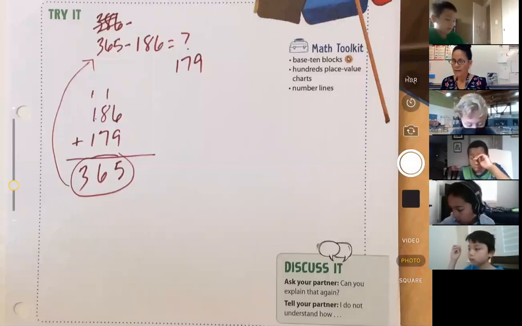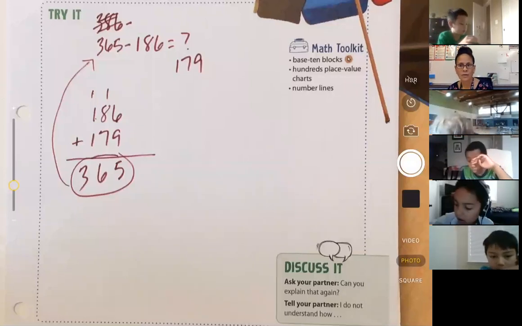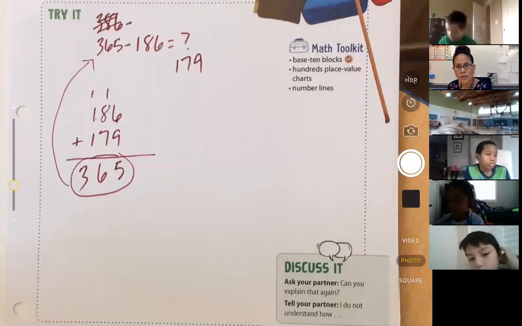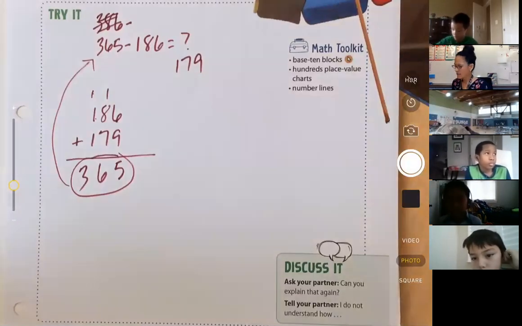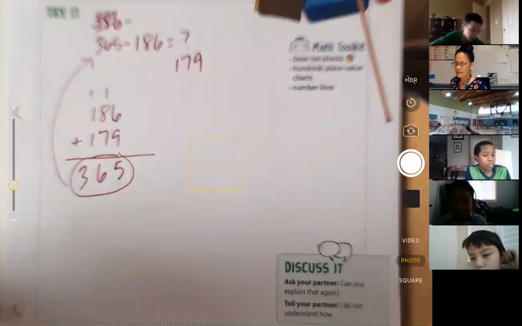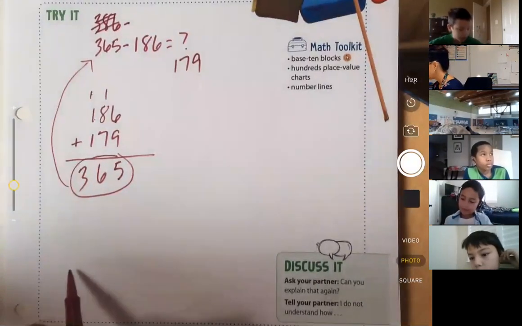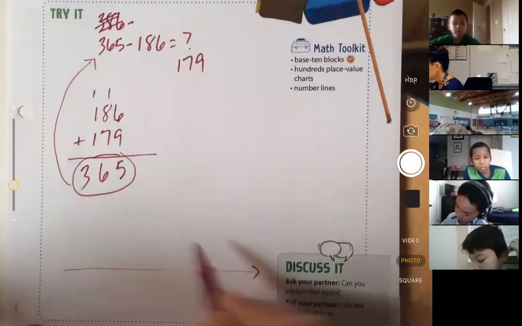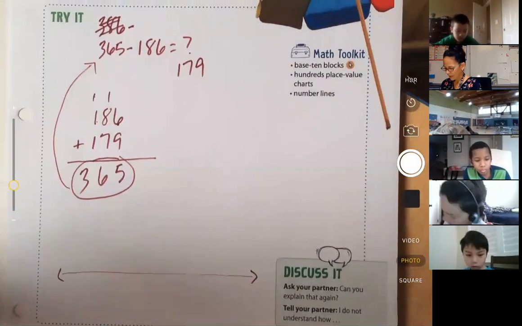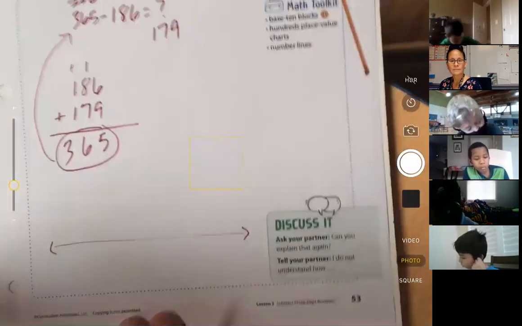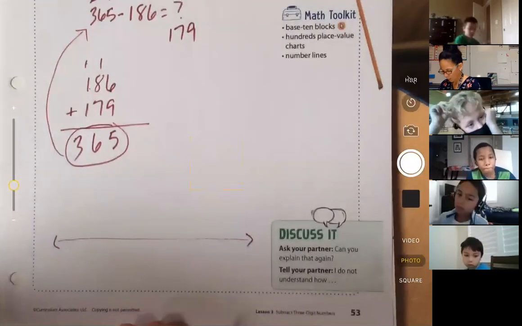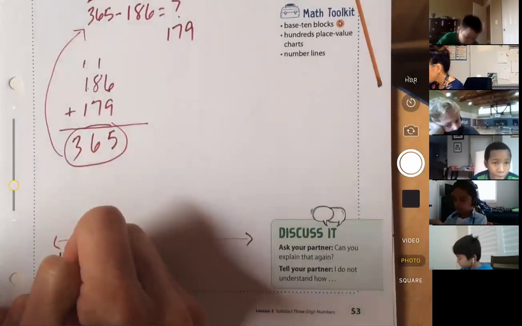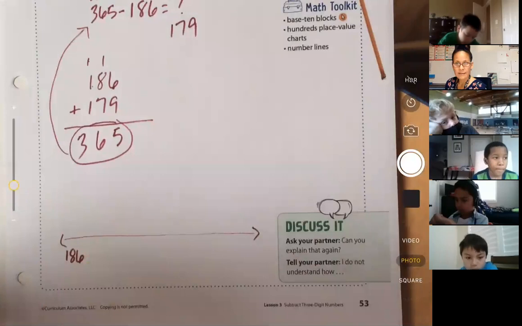Okay, friends, we can also look at this particular problem in a different way using a number line. I'm going to show you what that looks like right now. So if we start with the number line, all right, and we start our number line with the lowest number or addend, which is 186.